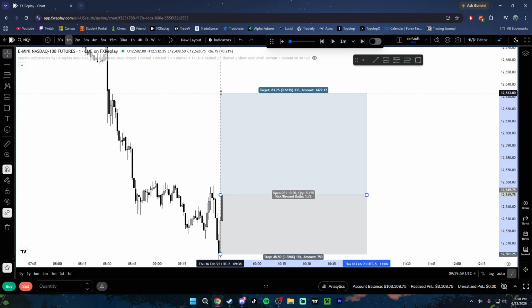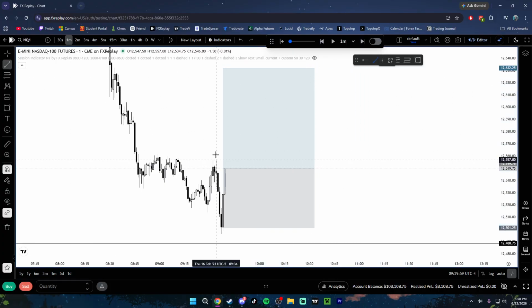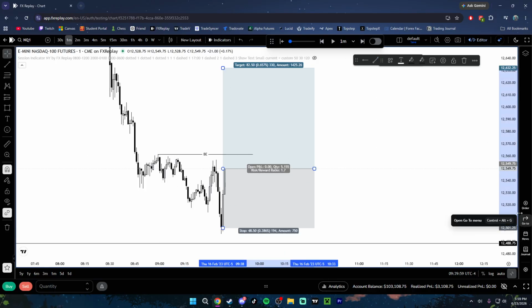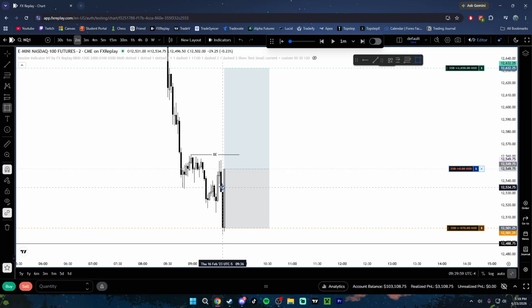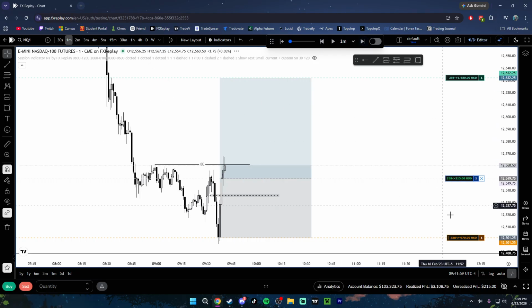Target the end of this liquidity here. Break even at the 930 wick. Our 930 wick is lower right here. Break even at the end of the SLR. Oh, here's the 2-minute inverse. Alright, that's our break even.